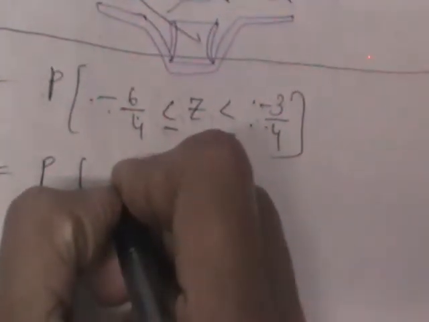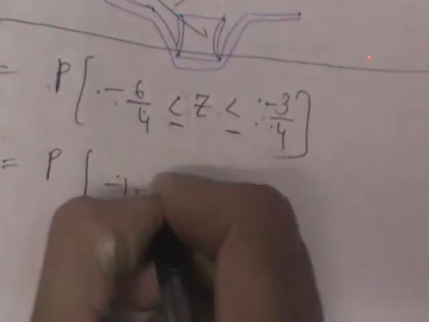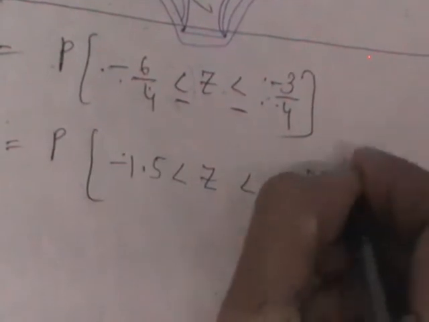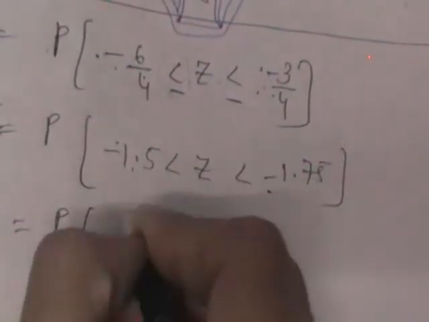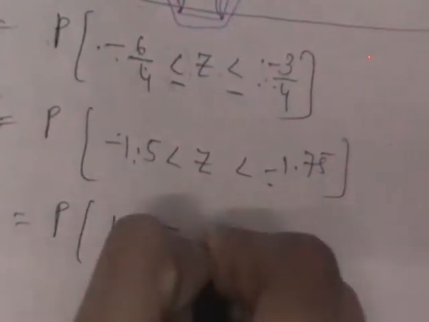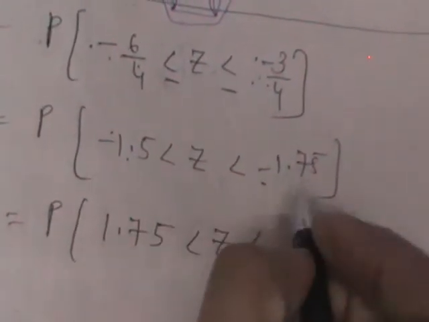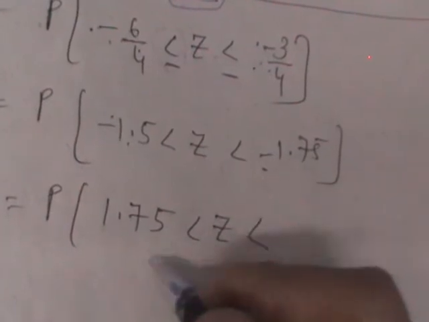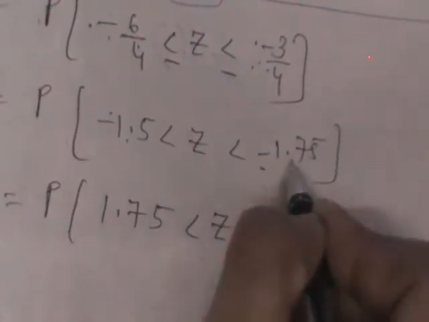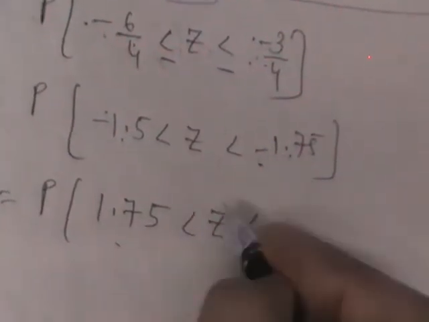So this value is nothing but minus 1.5 less than z less than minus 0.75. If you remove these minus signs on the left-hand side as well as the right-hand side, the inequality will be reversed, and you will get 0.75 less than z less than 1.5.